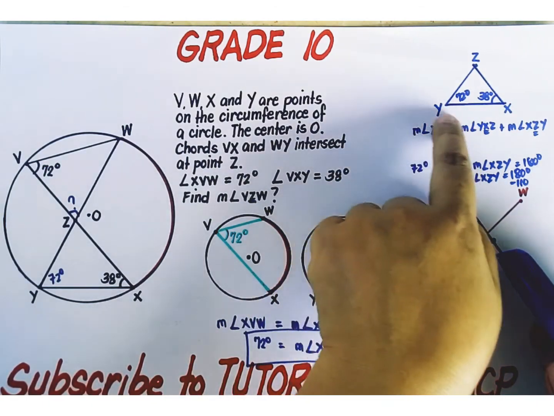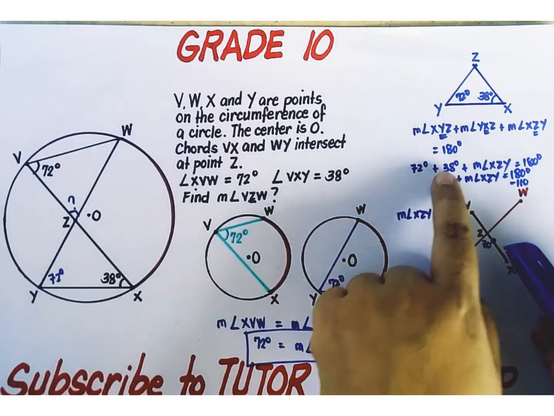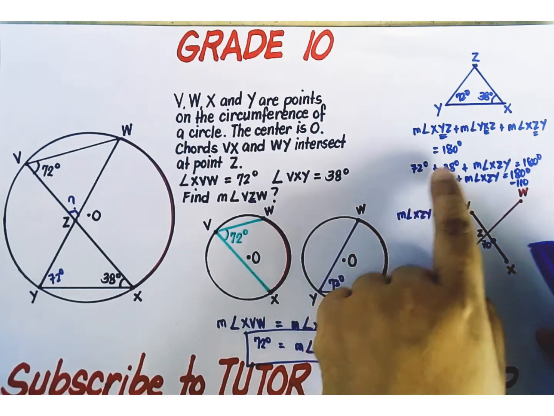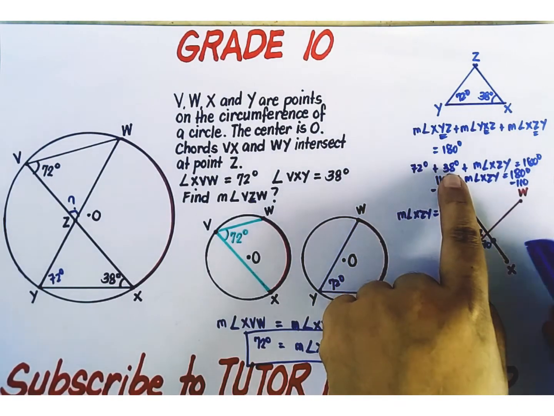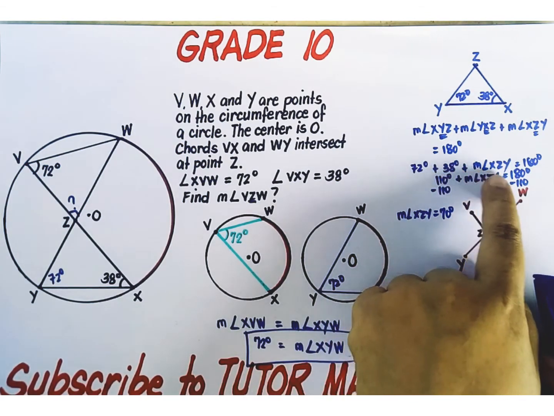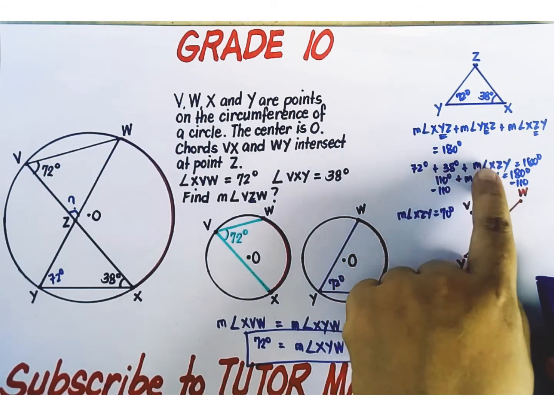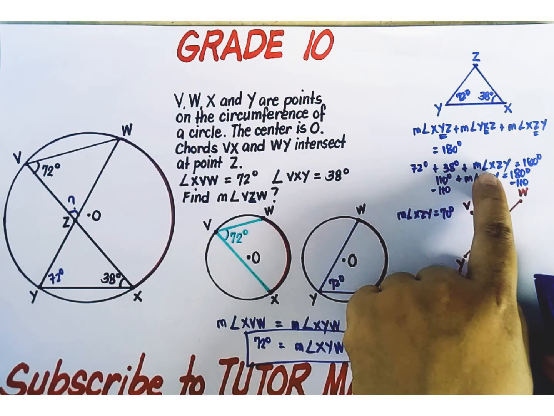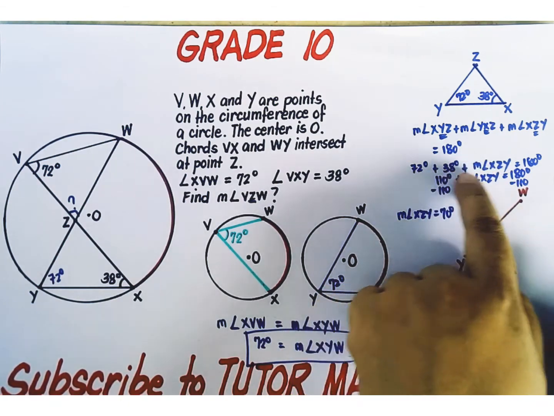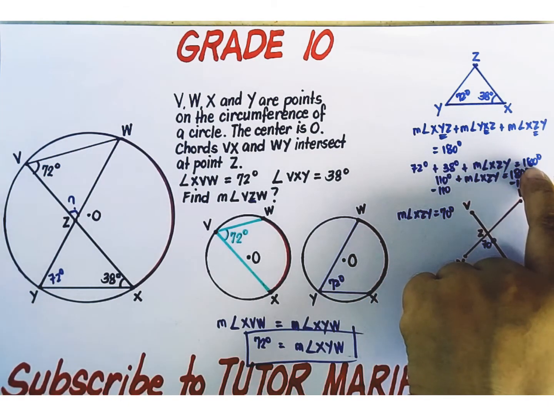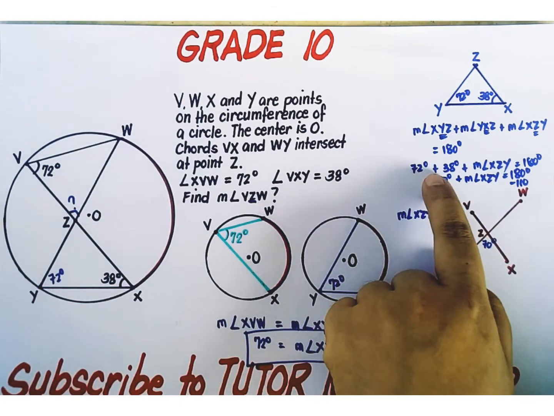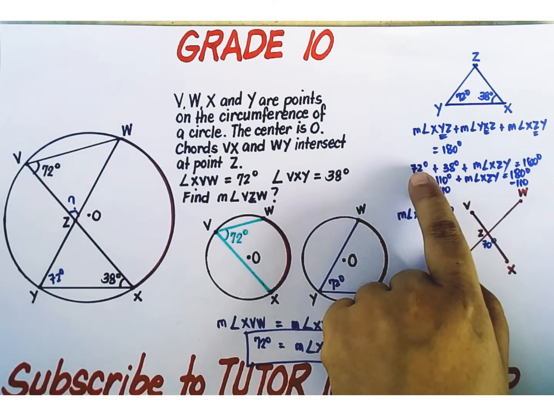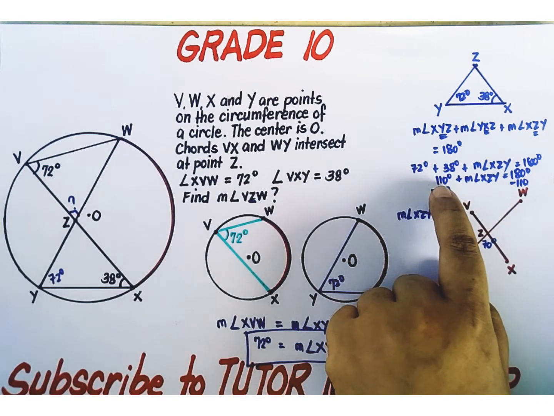Let's replace measure of angle XYZ with 72. Replace measure of angle YXZ with 38. We are looking for the third angle, measure of angle XZY. The sum of these three interior angles is equal to 180 degrees. Combine the constant terms on the left side. 72 plus 38 is equal to 110.